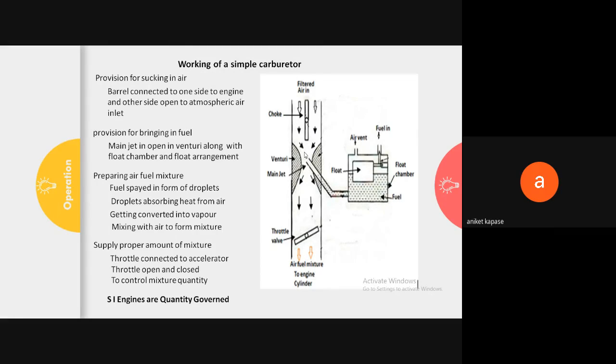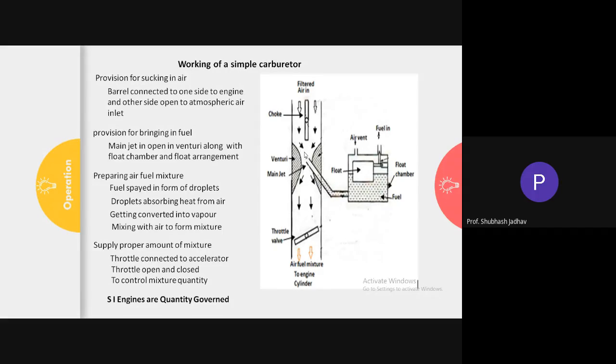Sir, first the air comes, then through this tank, fuel comes. The energy of air is sucked by fuel droplets. Heat is produced.